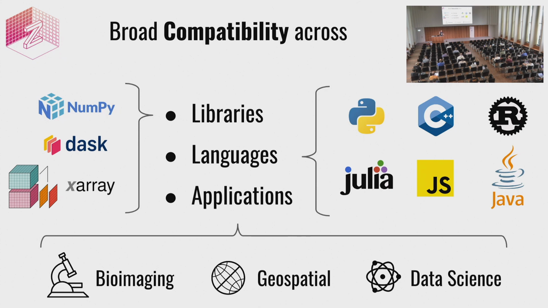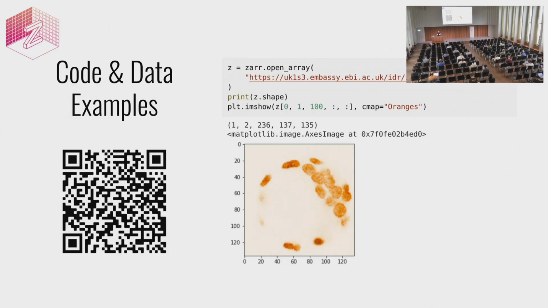You typically have multiple channels or even a time axis. Geospatial data, so satellite images, also often with a time axis as well. And you can easily, in both domains, have data sets where one data set is in the petabyte range. And in general data science, genomics, physics, chemistry, information sciences, there are so many use cases.